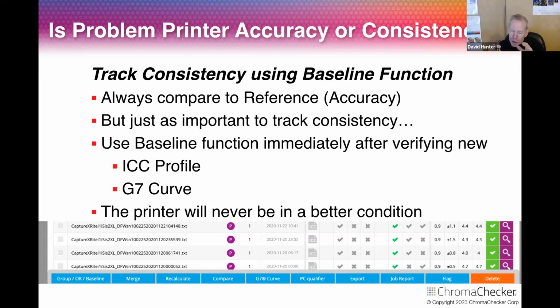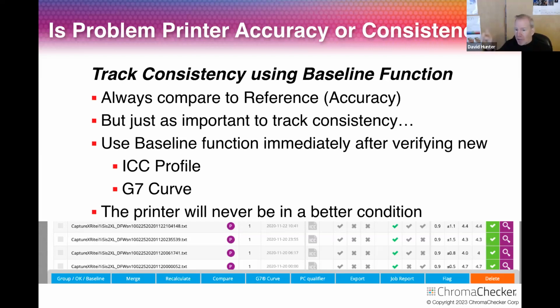And ideally, you build or you define a baseline every time after you've immediately verified that your G7 curve is working or that your ICC profile is working, because immediately after building an ICC profile or a G7 curve and implementing it into the workflow, that's as good as your printer is probably ever going to print. So that at that point, we say that verified print at, let's say, a 2.5 E factor is the baseline.